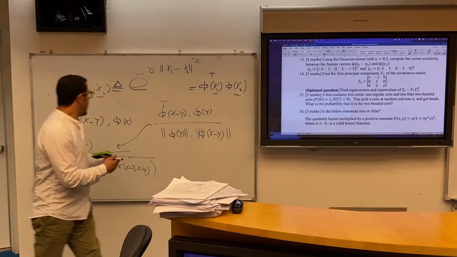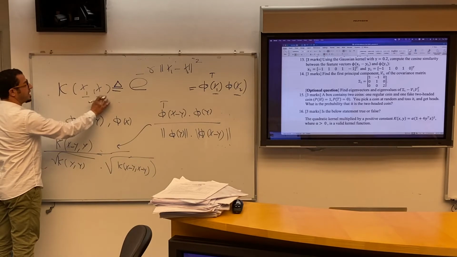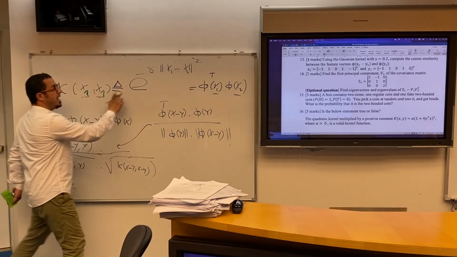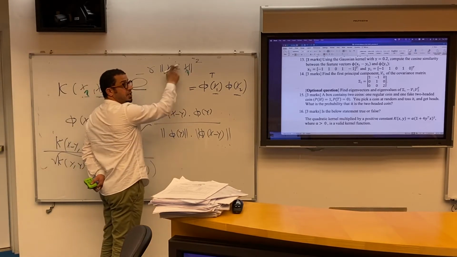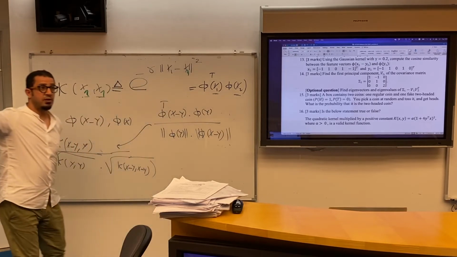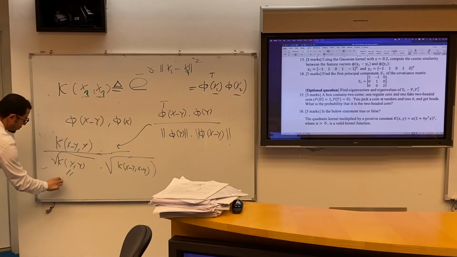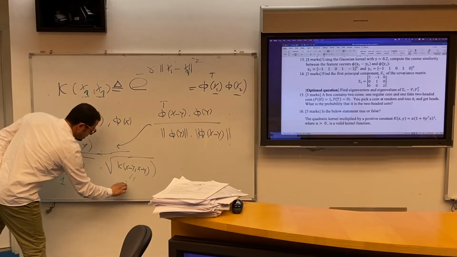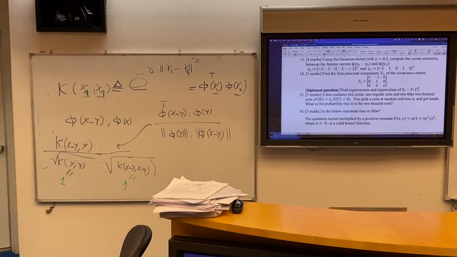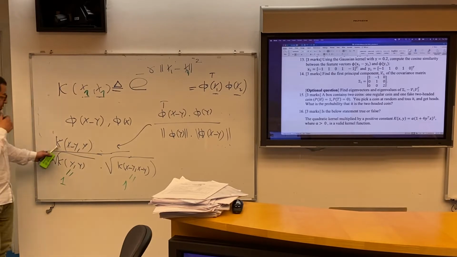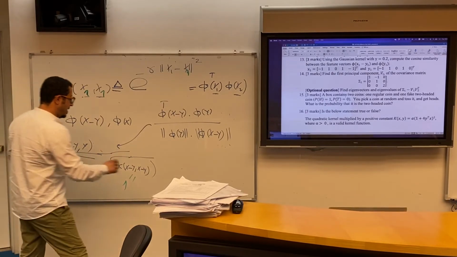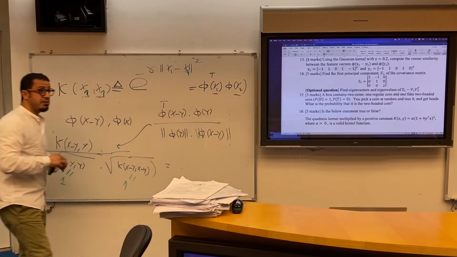Look, if I do x1, x1, what will be here, please? x1 and x1 mean 0. Exponential 0 is 1. So when they are the same, it's always 1, right? Because exponential 0. I have to calculate this one. What will be here, please? So the denominator is 1, done, right?